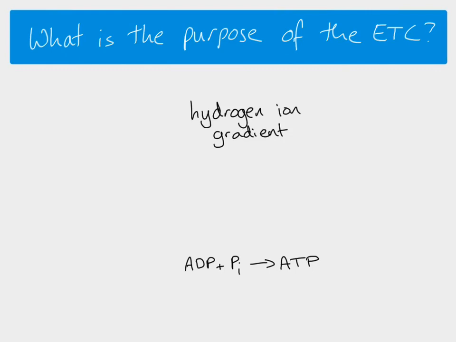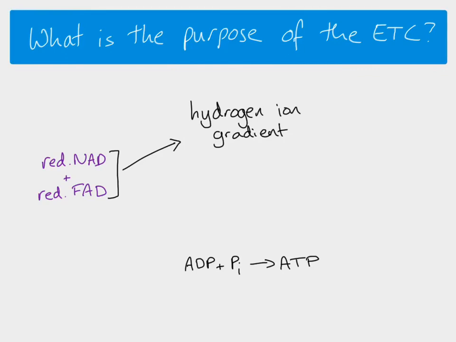So if we need to build up a hydrogen ion gradient, we need hydrogen, and that hydrogen is coming from the reduced hydrogen carriers that we made in our previous stages of respiration. So from glycolysis, the link reaction, and from the Krebs cycle. So these reduced hydrogen carriers can provide the hydrogen ions which can make a gradient.